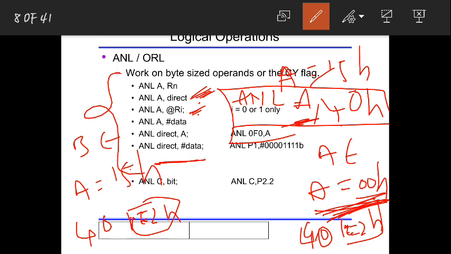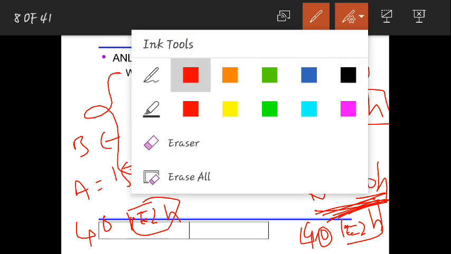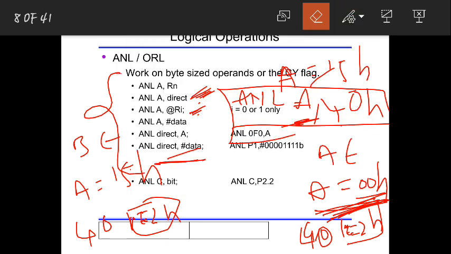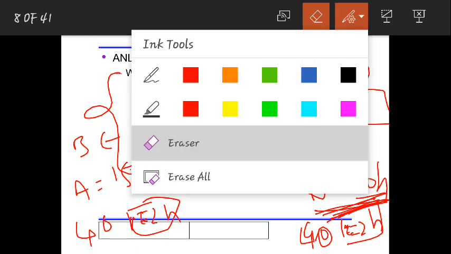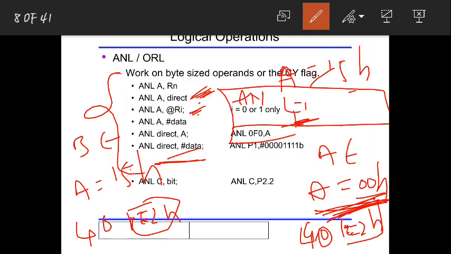See, in this case you have ANL direct comma some data, right? So here, instead of that you will just write 40H here, and after the comma you write E2H.